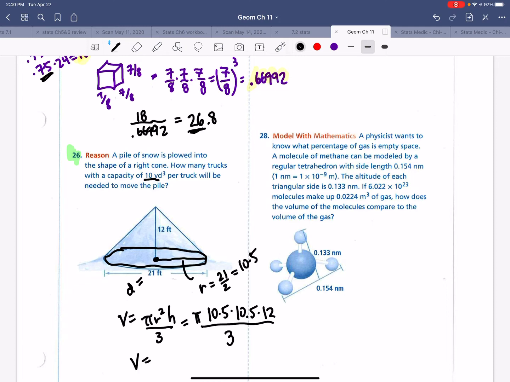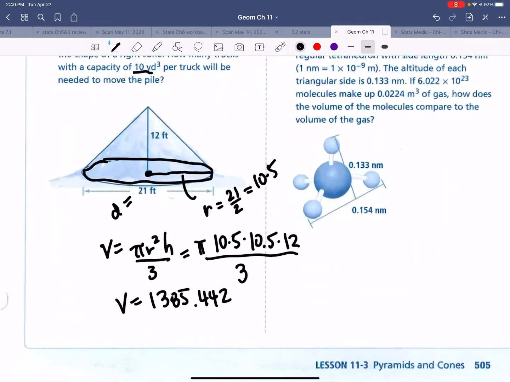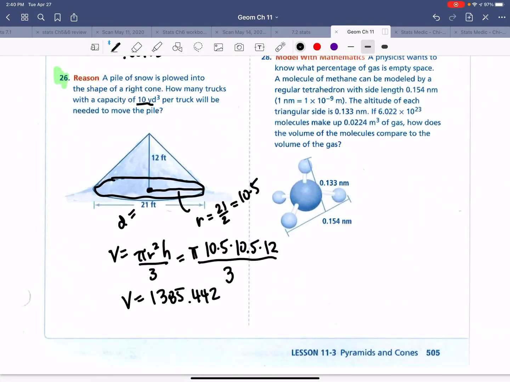Okay, I get 1385.442 as the volume of my pile. And we're going to divide by 10 to figure out how many 10s would fit. So divide by 10. That's how many truckloads. We get 138.5. So we're going to need a total of 139 truckloads to take this away.